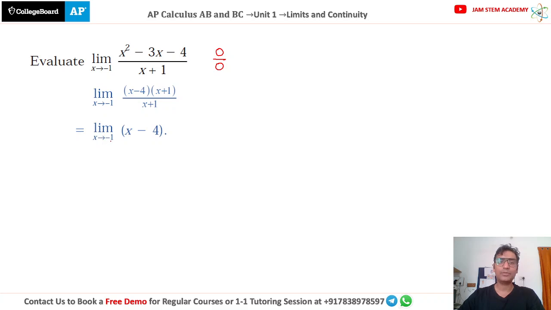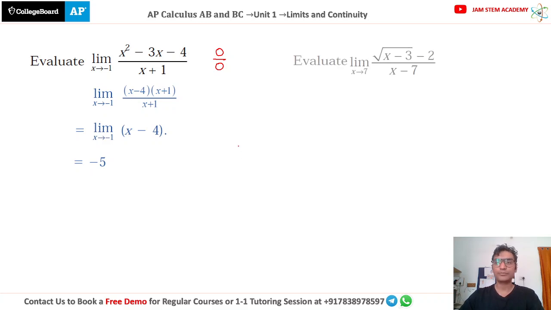We will get limit x approaches negative 1, you have to write it as it is always, of x minus 4. So x minus 4 means now let's try again. Substitute x equals negative 1. So what we get? Minus 1 minus 4, which is minus 5. So yes, this is my answer.